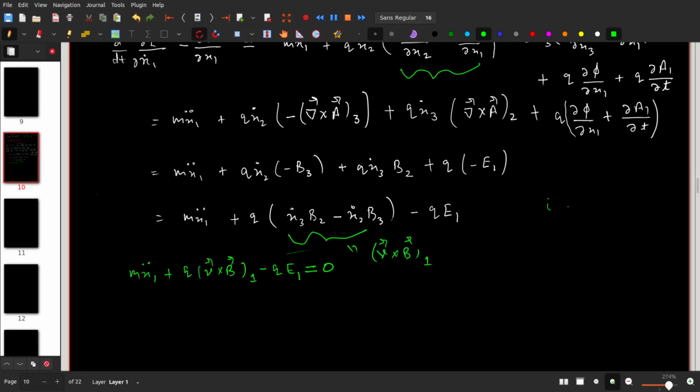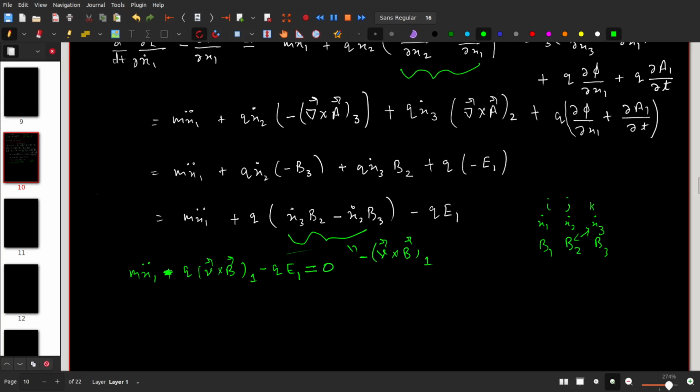So if we take i, j, k, x1 dot x2 dot x3 dot, b1 b2 b3, then this is x3 dot b2 minus x2 dot b3. So this is the negative of the first component of v cross b.